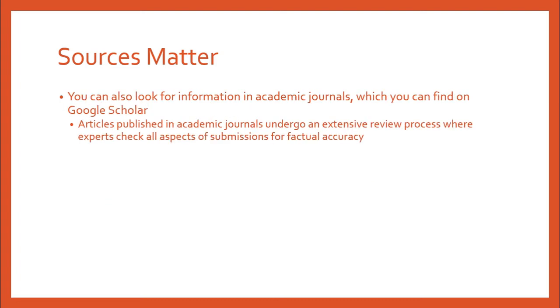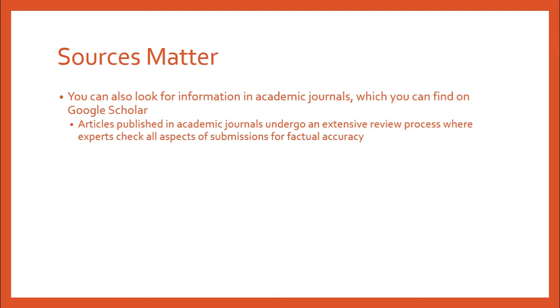Another place you can look for information, specifically more for facts, figures, data, and statistics, is Google Scholar. I don't know if anyone's familiar with Google Scholar already, but all you really have to do to find it is just Google the phrase Google Scholar, and it should take you right to where you need to go, and look through there for academic journals.